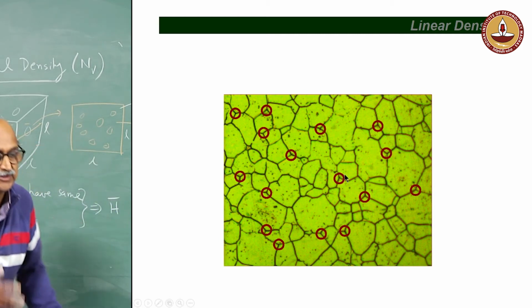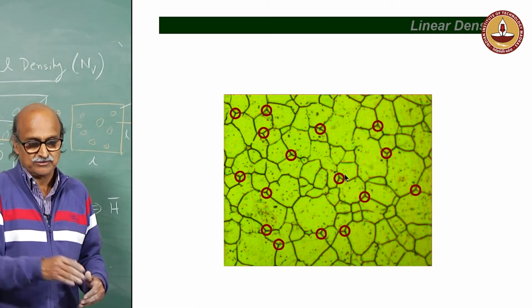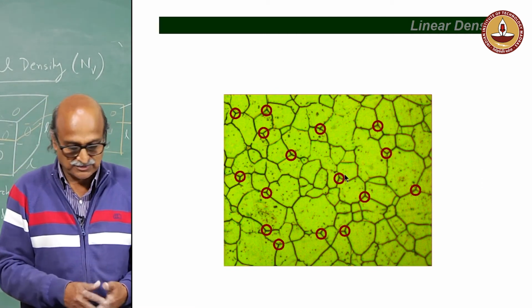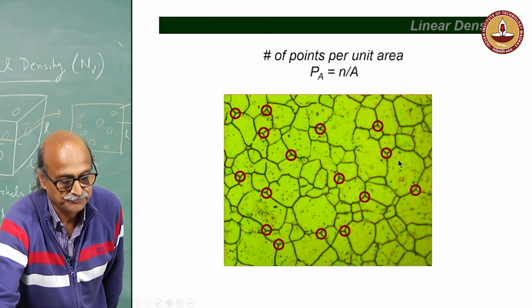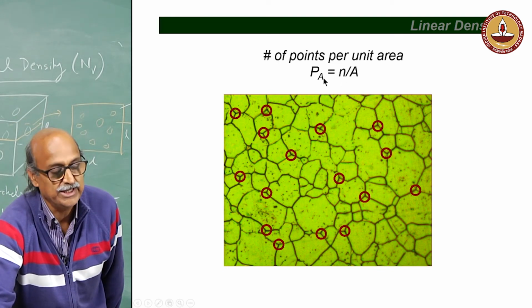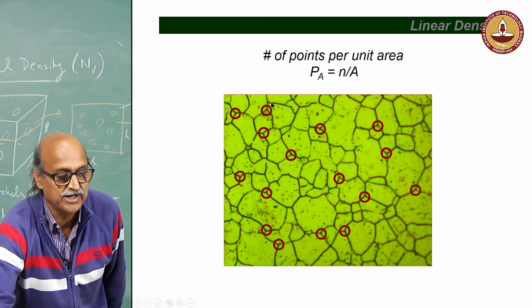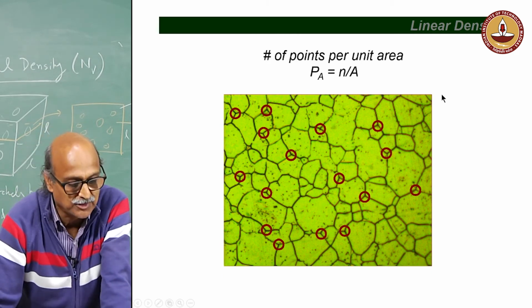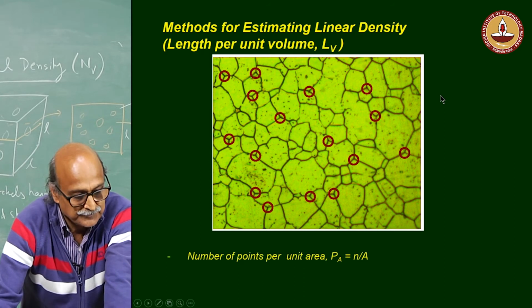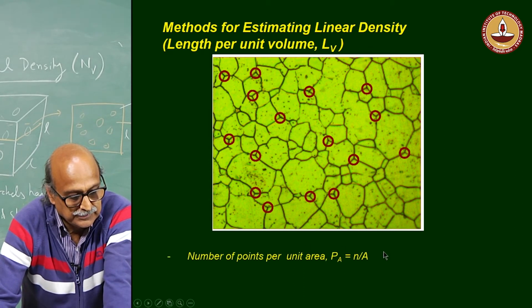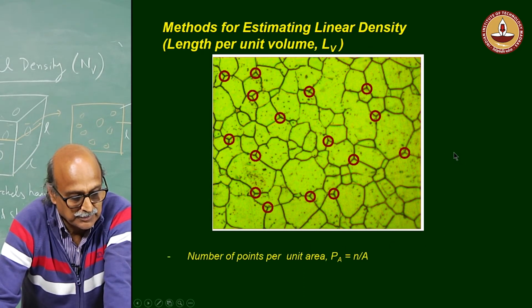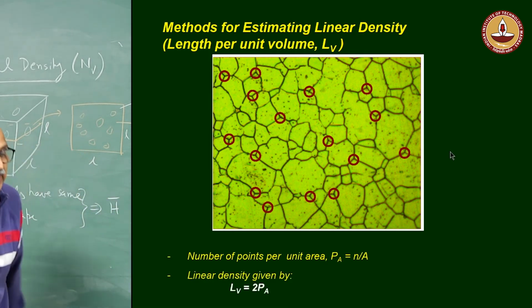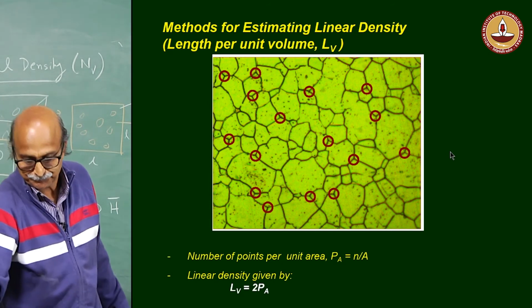You will be shown this as a demonstration in exercises in the next lecture. Get PA. So, small n is the number of counts of these triple points, divide by the area of the microstructure or area of the frame inside which you have done the counting, and get PA, number of points per unit area, and the linear density then is given by 2 times PA. Okay.